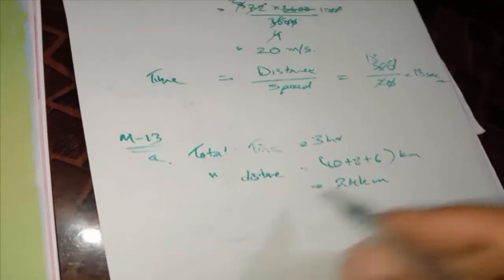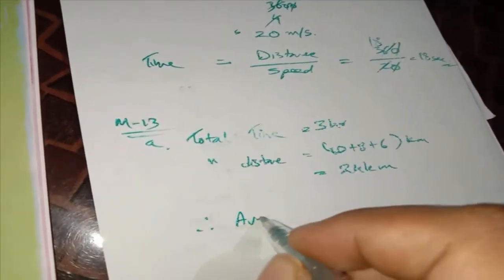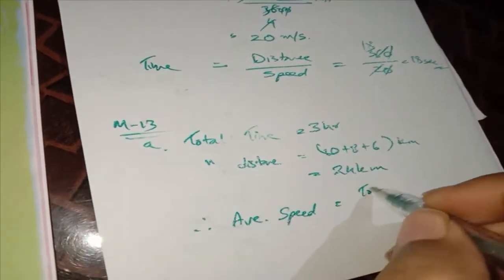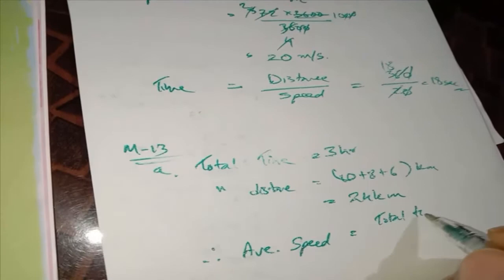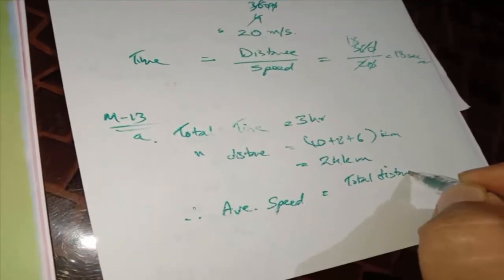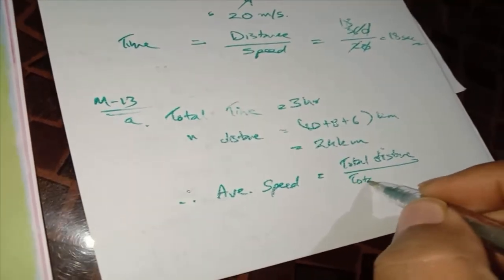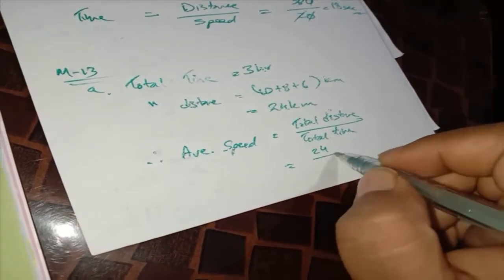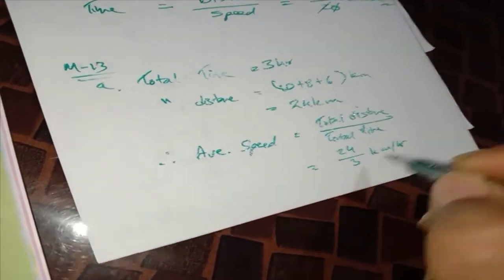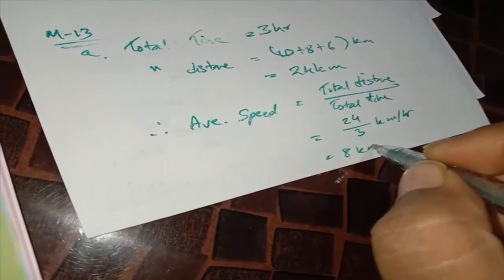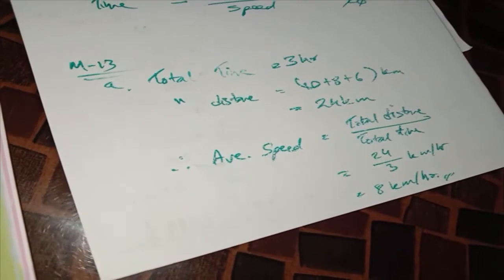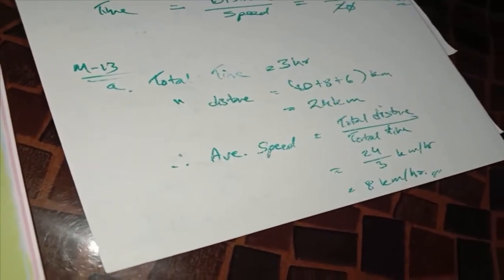Okay, therefore average speed is equal to total distance by total time, that is 24 by 3 kilometer per hour. So this will be 8 kilometers per hour. So in this way, you will be able to do the next problem also.